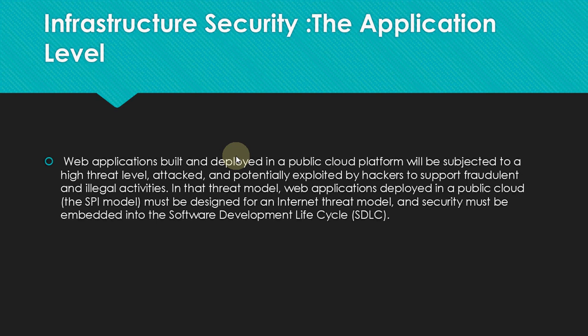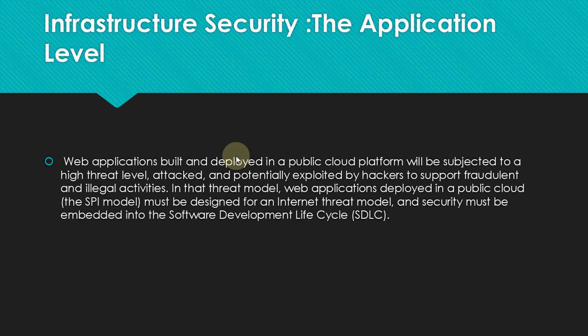So the first preventive measure for cloud security is the software development life cycle. You are familiar with the software development life cycle. Simple life cycle: code, design, test, deploy. When you are creating any web application, at that time certain security features are given.